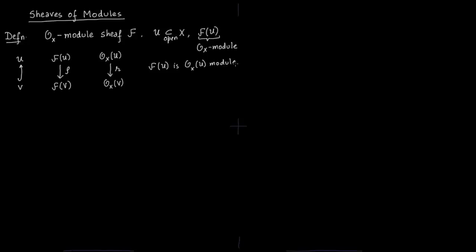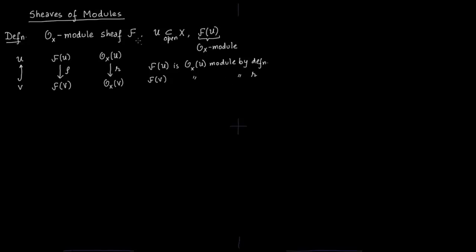And similarly, F of V is an OX of V module, but F of V is also an OX of U module via the map R.